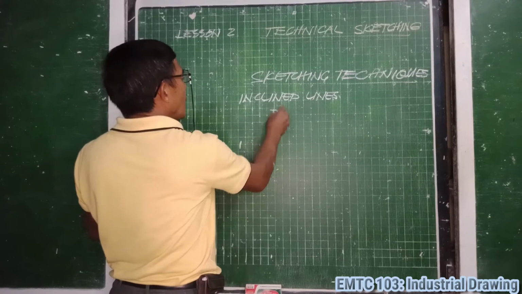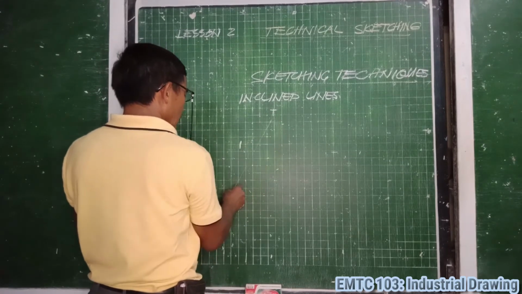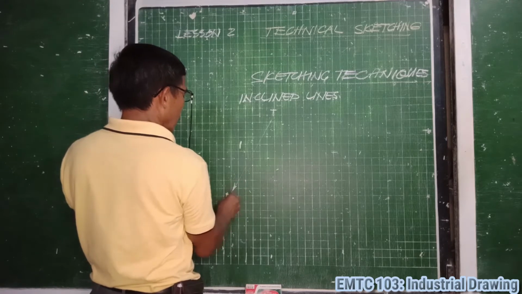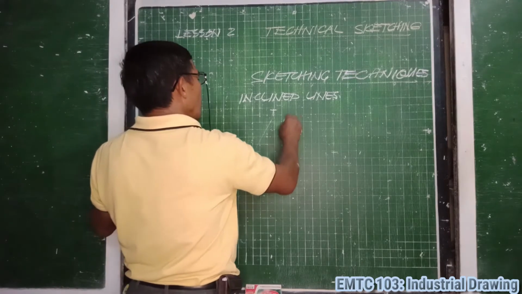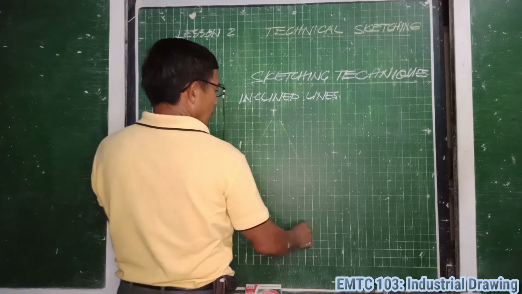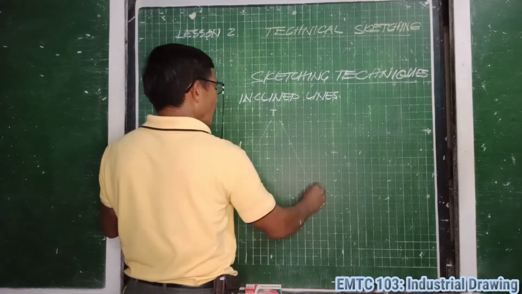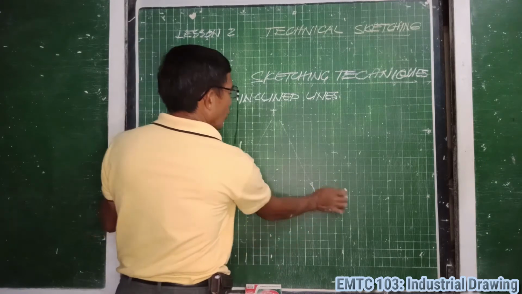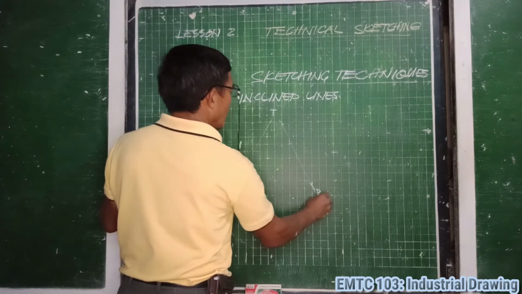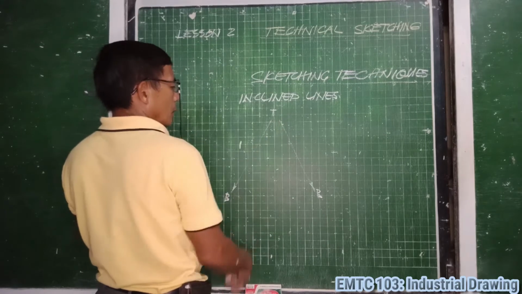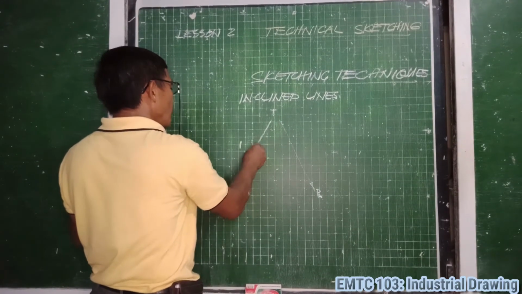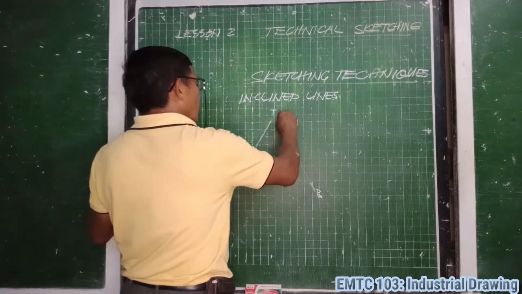It starts from the top going downward, sloping downward, top to bottom. It could be falling to the left, sloping downward like this, or falling to the right. You can follow this with a dark line.